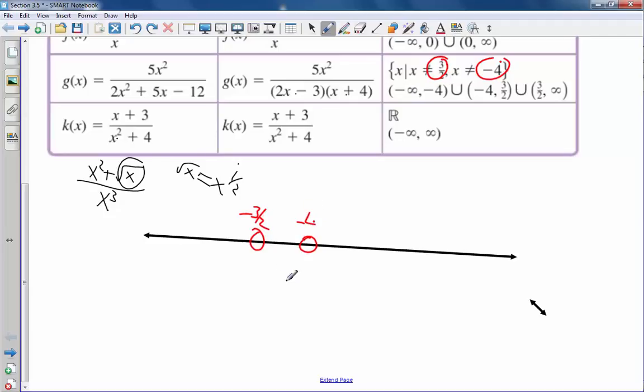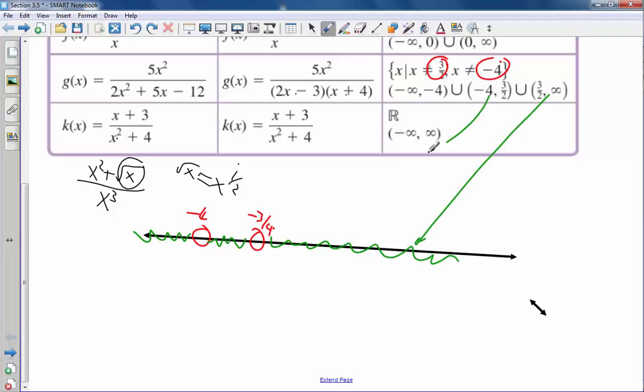Minus 4 is more to the left, right? It's on the left side of 3/2. This is 1.5. Minus 4 is more negative. So we need to have 3 pieces: left piece, middle piece, and right piece. That's how they got these 3 pieces. They observed that there are 2 holes in its domain. You exclude them, and you have 3 pieces of line.